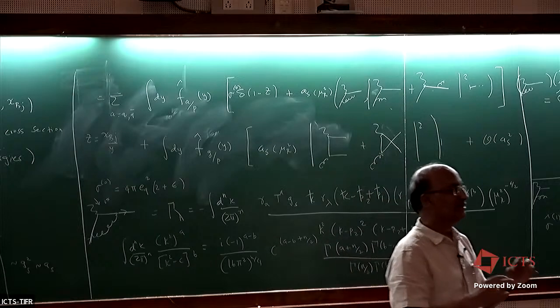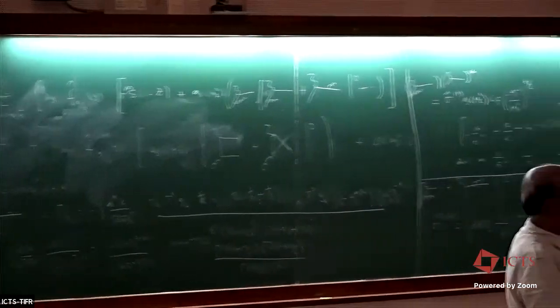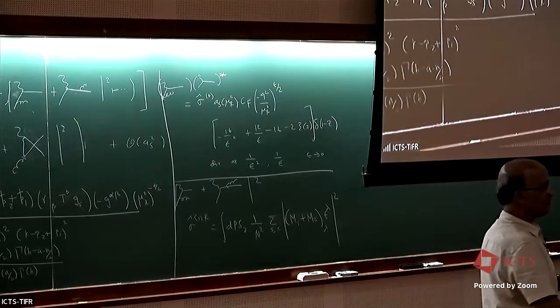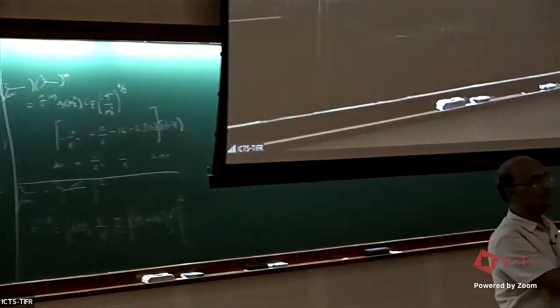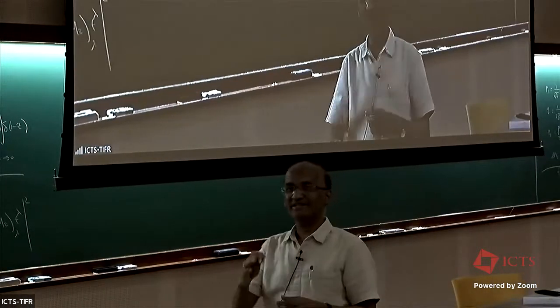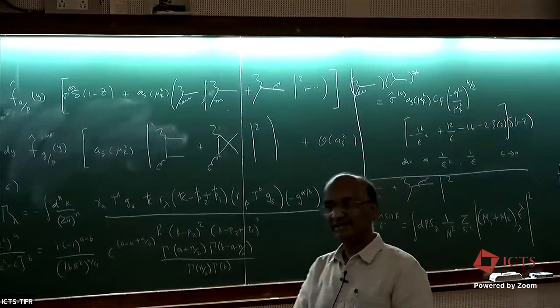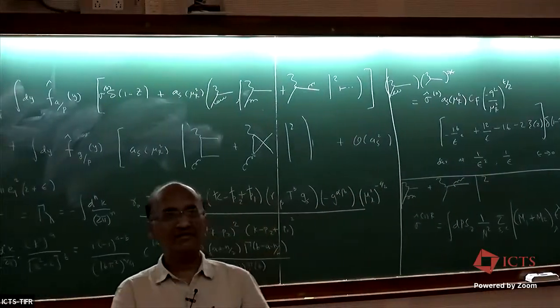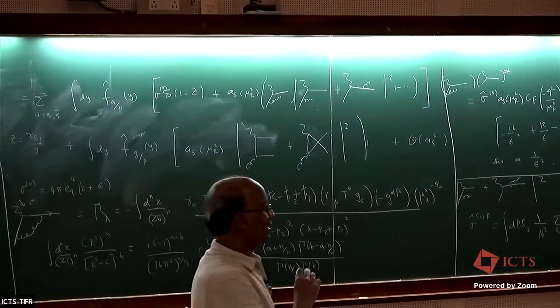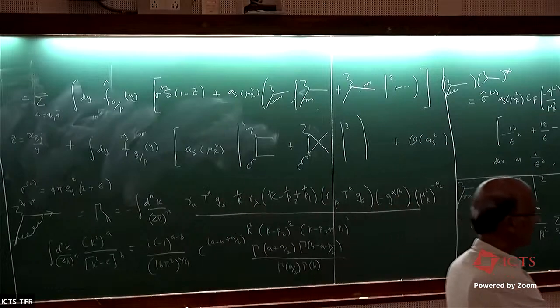The first thing that will come to your mind is that maybe I'm doing it for the first time and I might have made a mistake, so you go back and check it. You'll find that the answer is correct, and there is a 1 by epsilon pole. So let's believe that the calculation is done correctly.